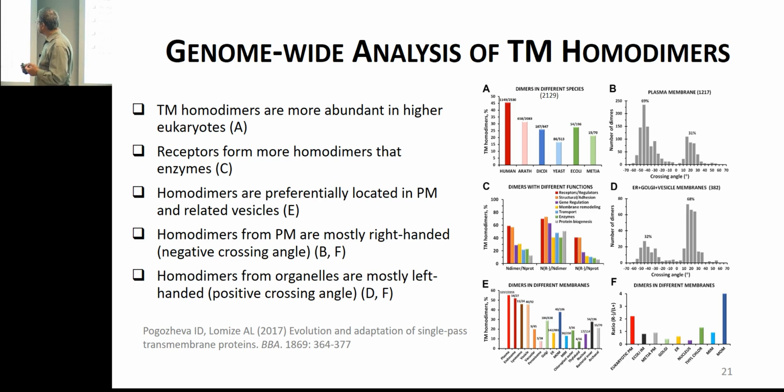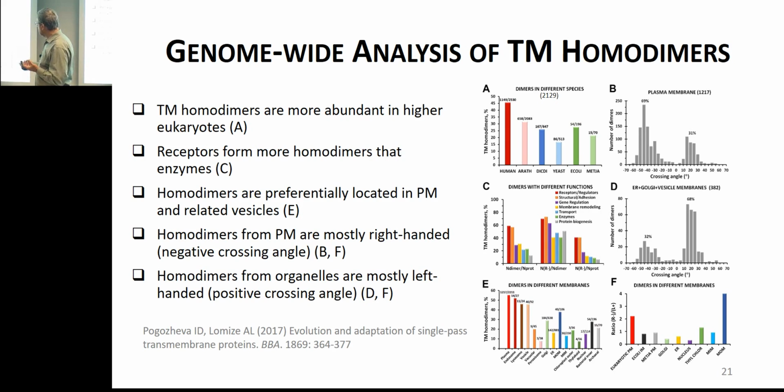Another interesting question: there are two different spatial organizations for these alpha dimers. Some of them can be defined as right-handed with negative crossing angle, and others as left-handed with positive crossing angle. The right-handed ones are less stable, they are flexible, and they are usually present in receptors, and therefore they can be more frequently found in the plasma membrane.